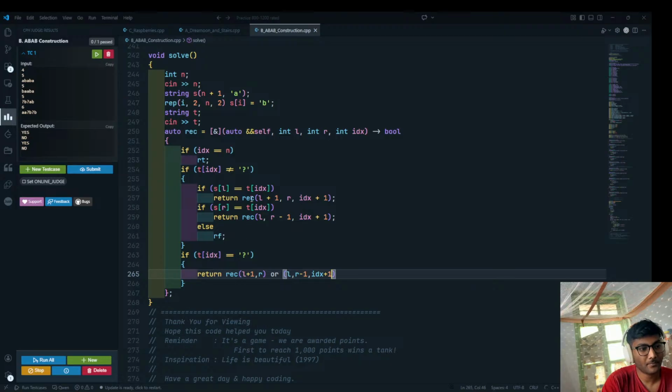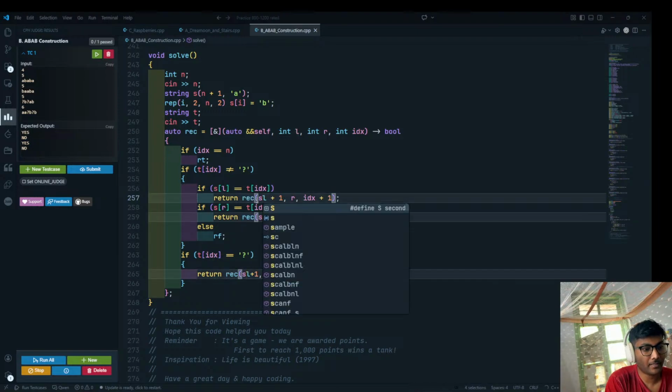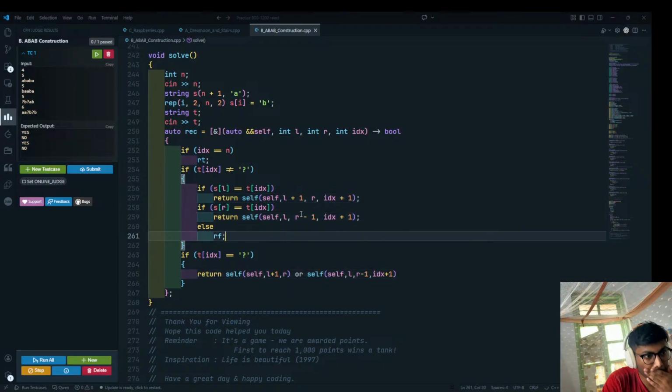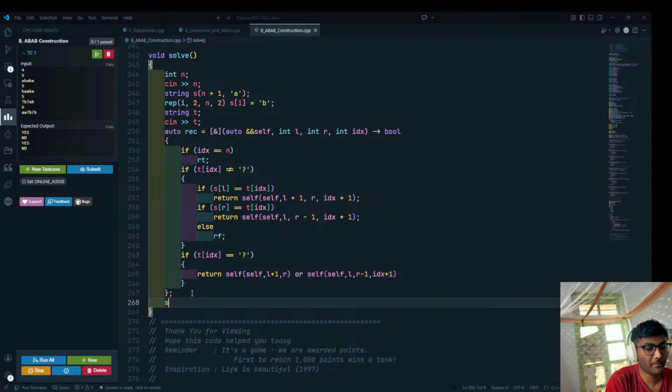Now, in all of these cases, we have this self, and then I think we will have self here as well. So maybe rec itself, L will be 0, R will be n minus 1, and IDX will be 0.